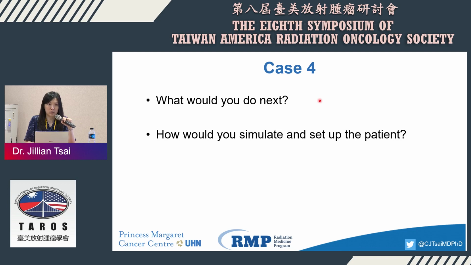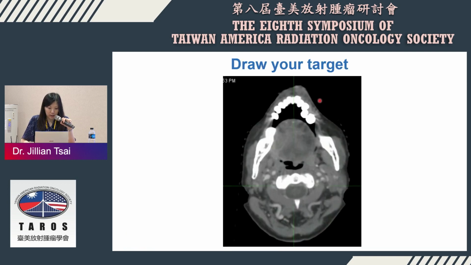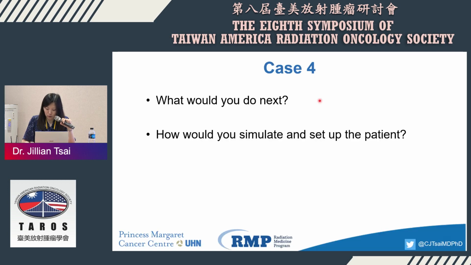When they recur, they are going to die. So we would do concurrent chemo, and with the simulation, we would do the tongue depressing stent, even custom made, or if you have your own mouth bite block, and then they will see the dentist before then.